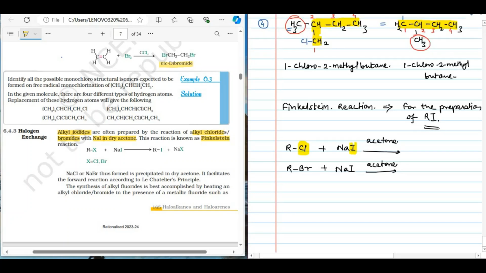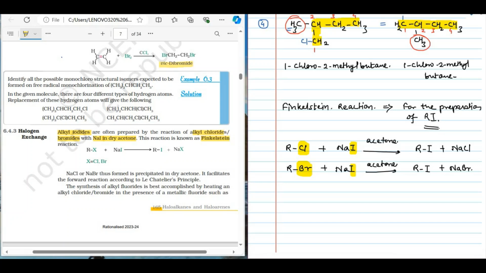Cl and I get exchanged together. Here Br and I get exchanged together. So as a result of it, RI is formed and NaCl is formed. And here again RI is formed and NaBr is formed.